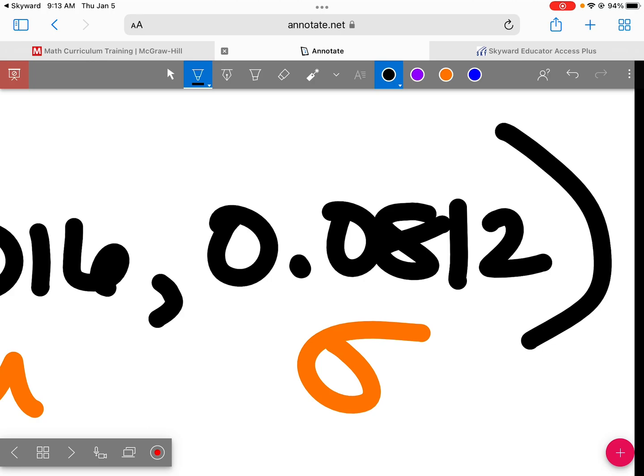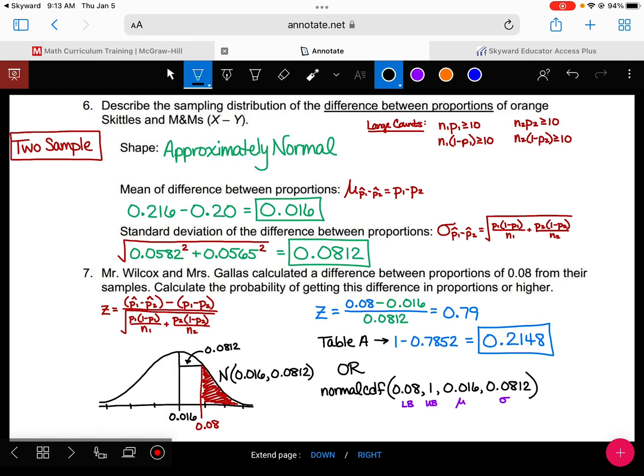That's something smaller than 0.5. Yep. I got about 0.2148 when I used table A. I didn't actually pop it in my calculator because I did table A, but yeah, about 0.215.